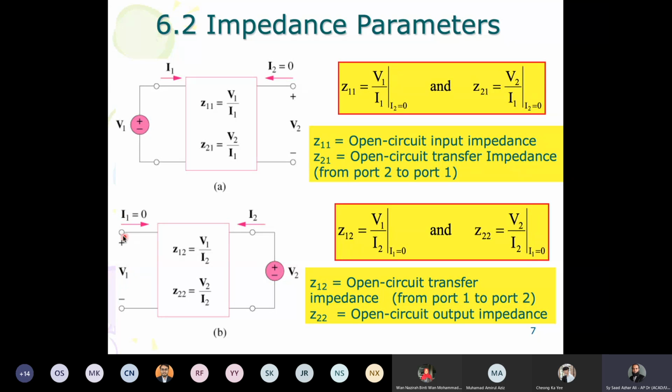Just trying to find the voltage. So this means we are actually finding a voltage somewhere over here, which is parallel to this one. So this is called the open circuit transfer impedance. Whenever there is a cross, like 2-1 or 1-2, it's transfer impedance. If it is like 1-1 or 2-2, it is just the impedance. It could be the input or the output.